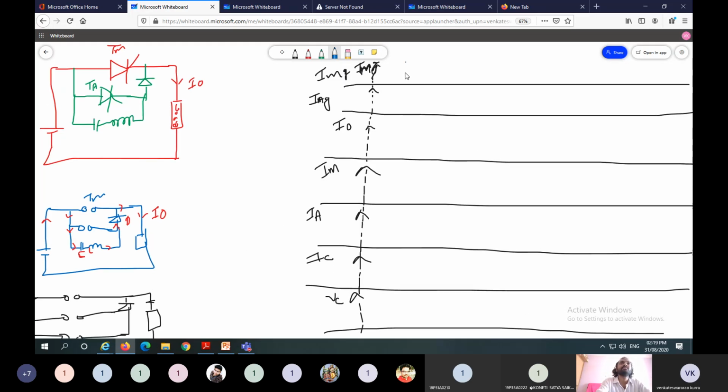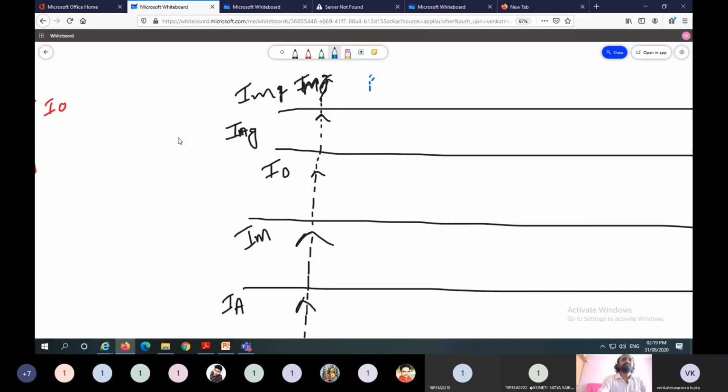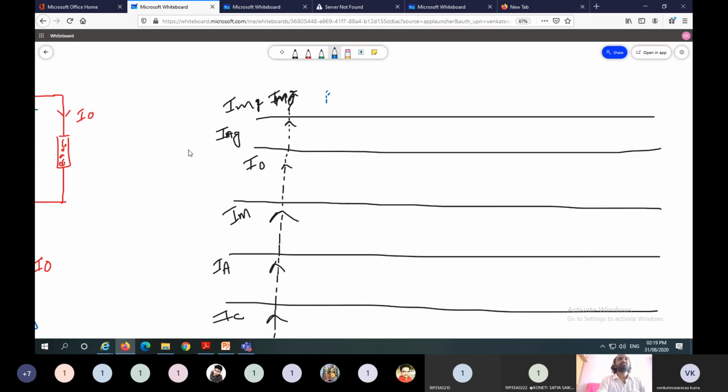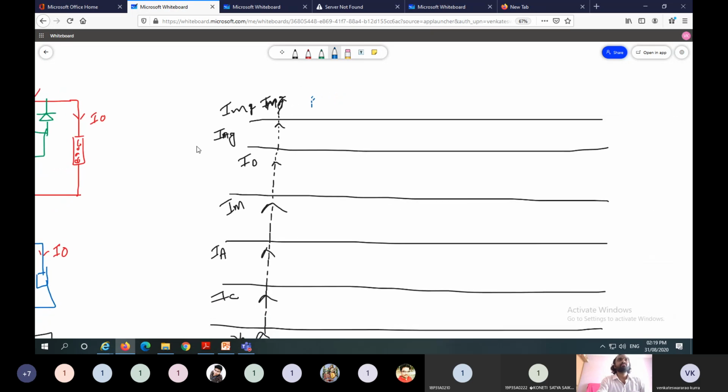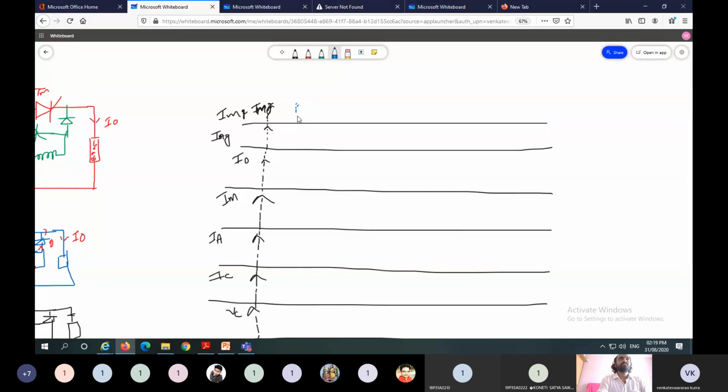So take this line. So up to this point, the current to the load is supplied by capacitor.